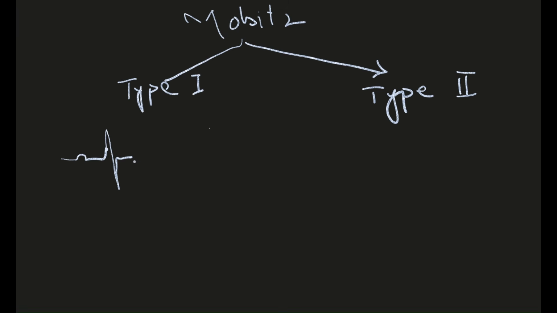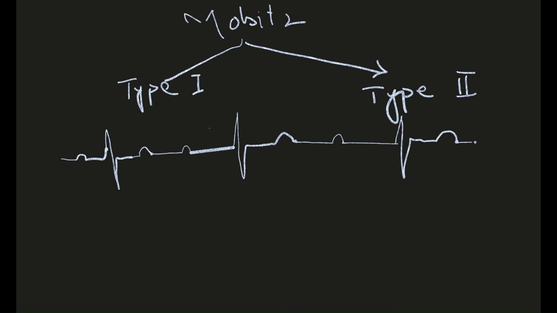For example, this is a T wave. In the next one, this will be the P wave a little more, then T wave. In the third one, there is a P wave a little more than that. The PR segment has been lengthened a little more, then QRS complex, then T wave.